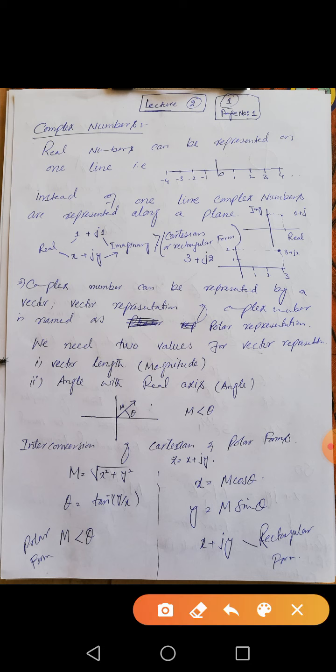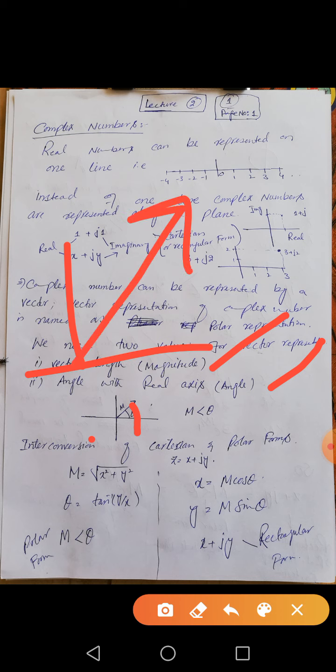One is the vector length, also named magnitude, and the other is the angle of the vector with the real axis, called the angle. This length is the magnitude, and this is the angle. We need these two to represent the complex number in polar form.